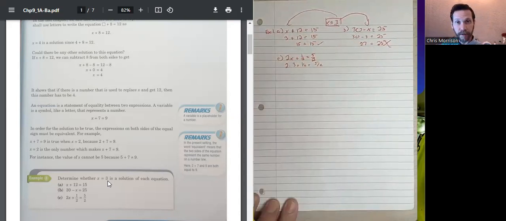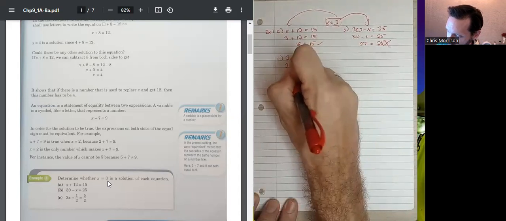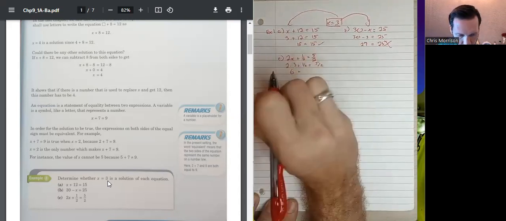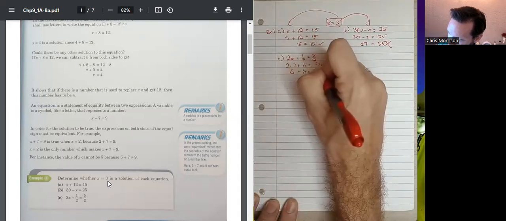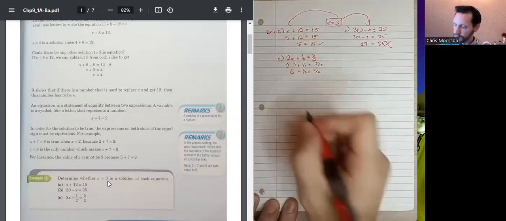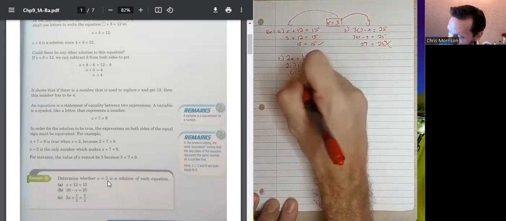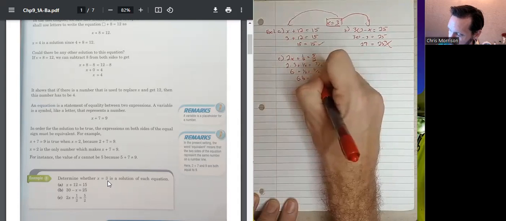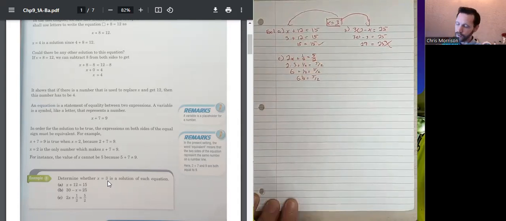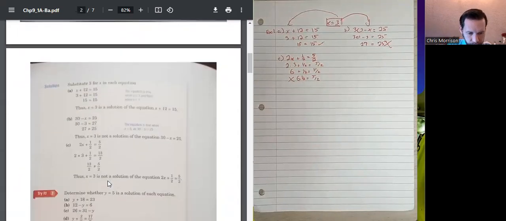What's 2 times 3? 2 times 3 is 6. 6 plus 1/2 equals 5/2. Well, 6 plus 1/2 is 6 1/2. 6 1/2 equals 5/2? No, that's not true. So C is also going to be false.